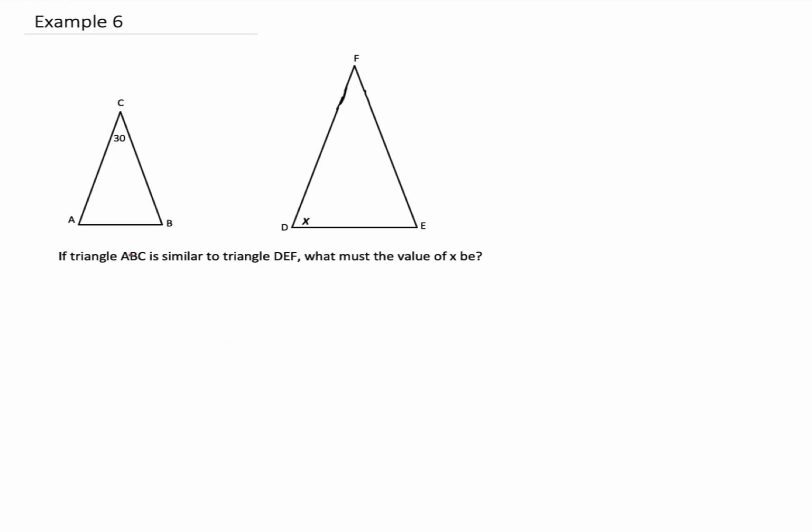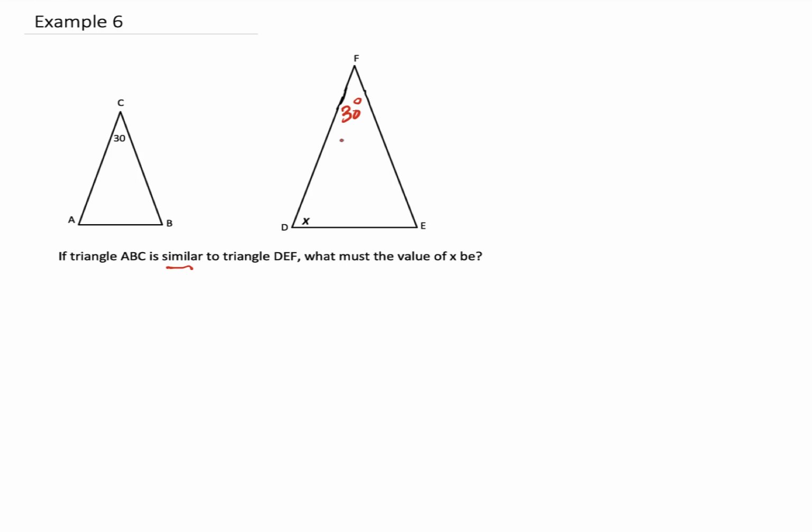Now, this is the question that Jennifer asked about. It said if triangle ABC is similar to triangle DEF, what must be the value of X over here? So C is 30 degrees, which means F is 30 degrees. Notice they only gave us one angle, and we're going to work with it.